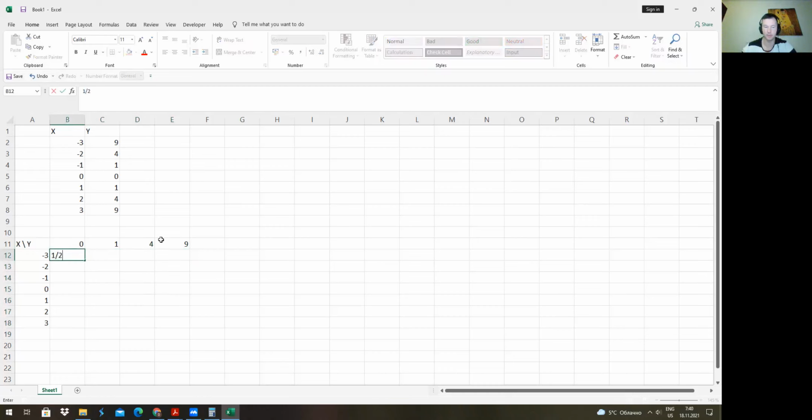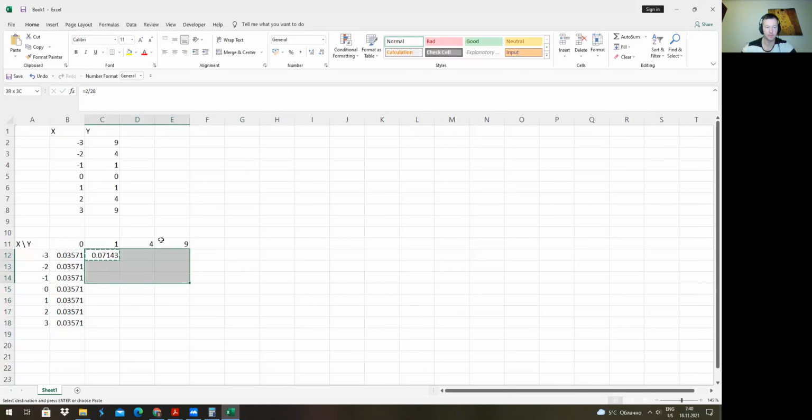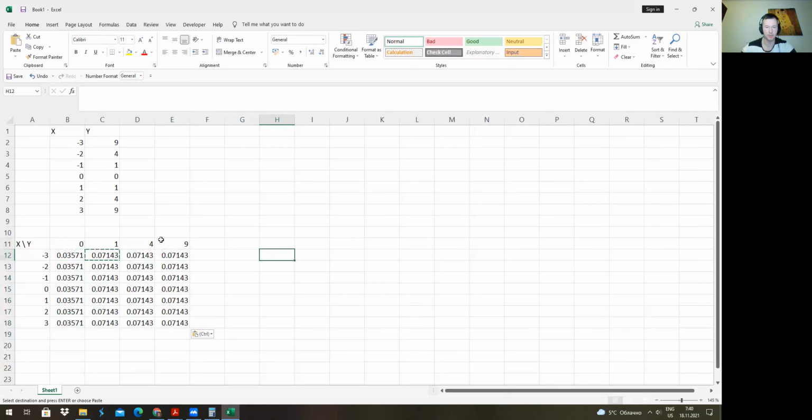So it's going to be 1 over 28 for each of these combinations, and here it's going to be 2/28. The sum must be equal to 1, so let's check whether that's true or not. Oh no, 175. Yeah, so they must be equal for all. Yeah, so now it's correct.